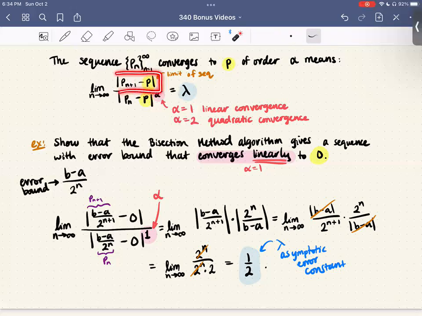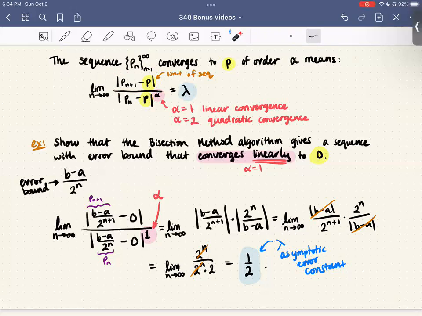So whenever you're subtracting something like this, you think of it as an error because this is where we're converging to, and this is one of the terms. So this is the error in the n plus first term. And we're comparing that to the error in the nth term. It's like comparing the previous error term raised to the alpha power, and that's what's giving us the order of convergence of our sequence.